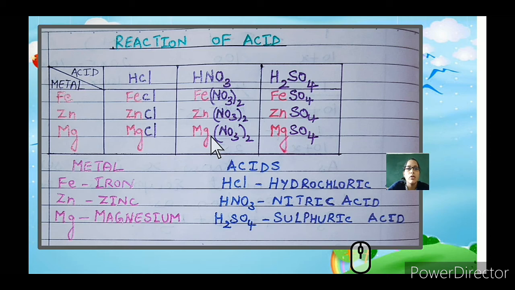Magnesium also reacts with sulfuric acid to give magnesium sulfate, and in all these reactions you can see that the gas released is hydrogen. So we can understand the symbols here. Fe is for iron, Zn is for zinc, Mg is for magnesium. The acids used are HCl for hydrochloric acid, HNO3 known as nitric acid, and H2SO4 known as sulfuric acid.